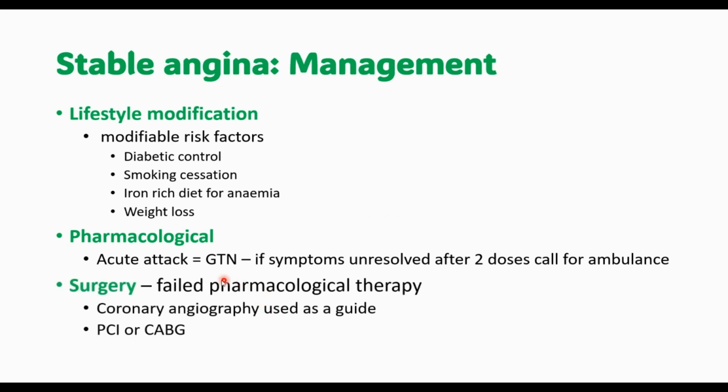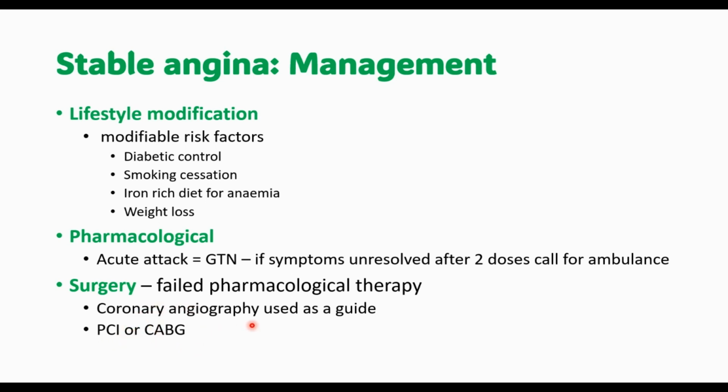Okay, and then if pharmacological therapy has failed or isn't tolerated by the patient, there are other surgical options, such as coronary angiography, acting as a guide for other procedures such as percutaneous coronary intervention, PCI, or a coronary artery bypass graft.